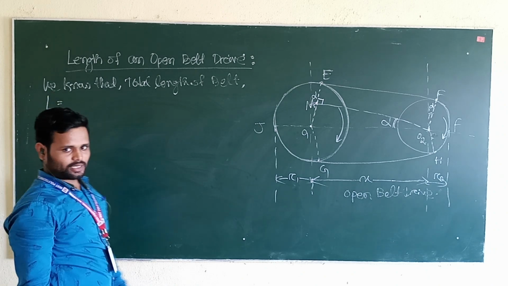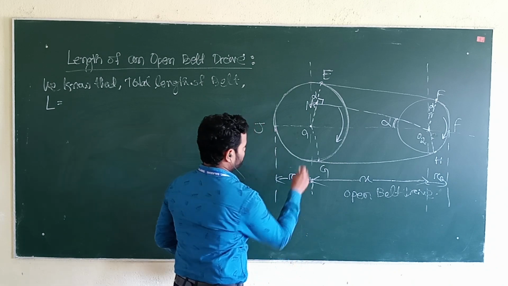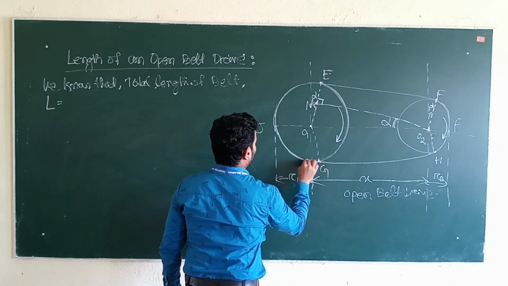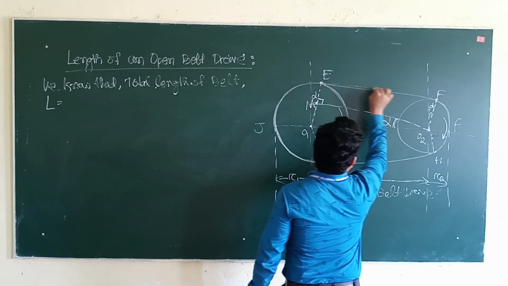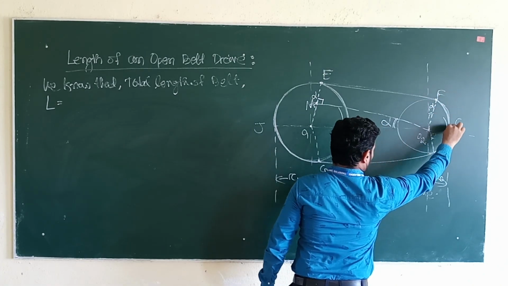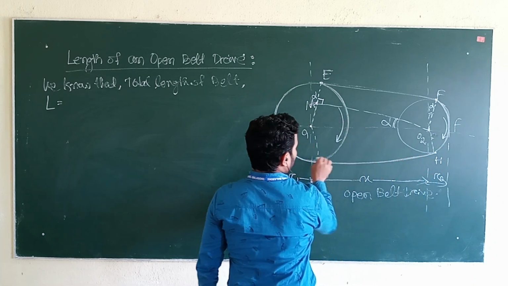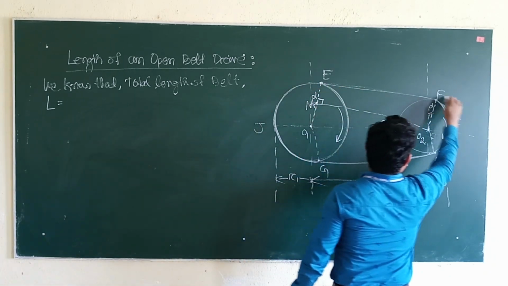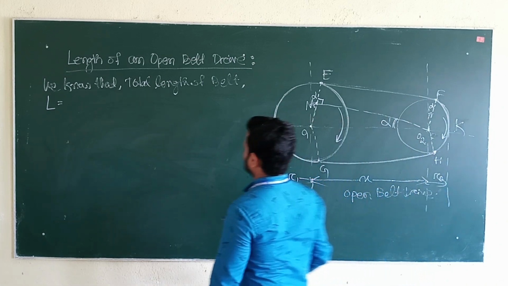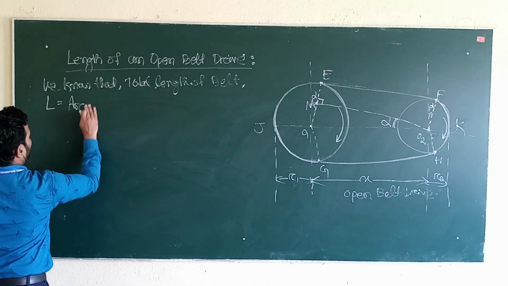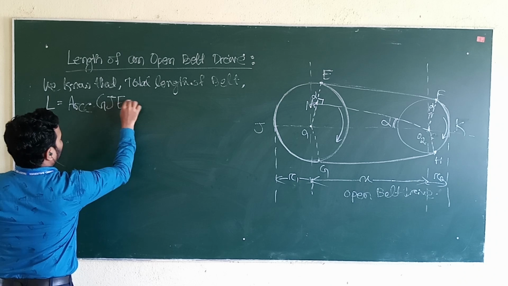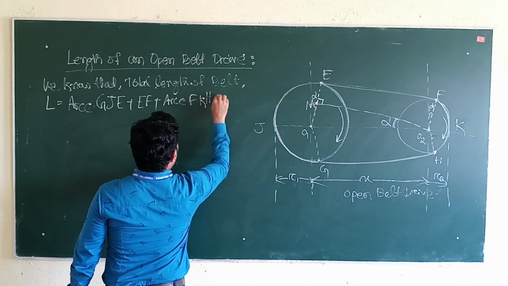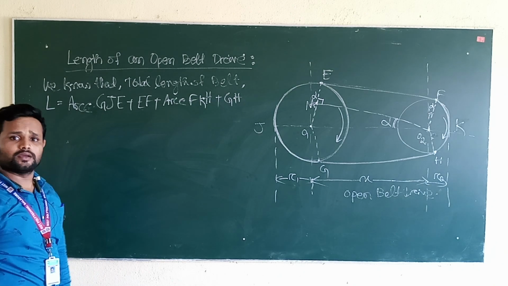This is K, FKH. So first we write arc GJE plus EF plus arc FKH plus GH. This is the total length of the belt.